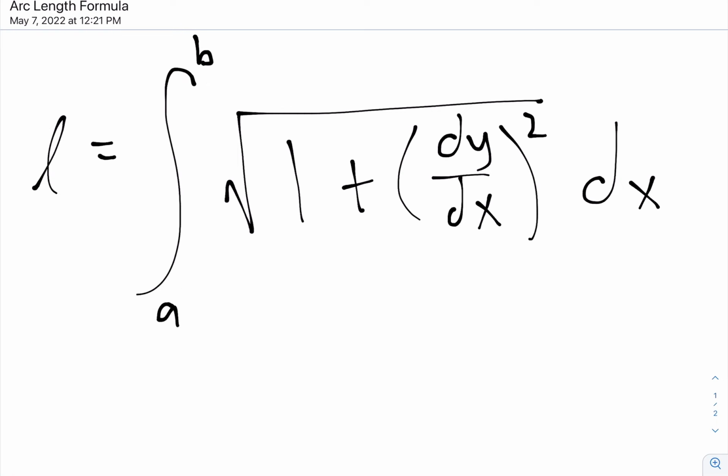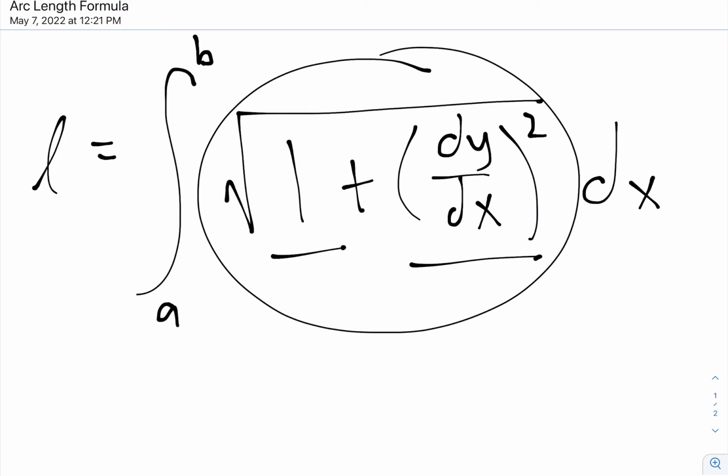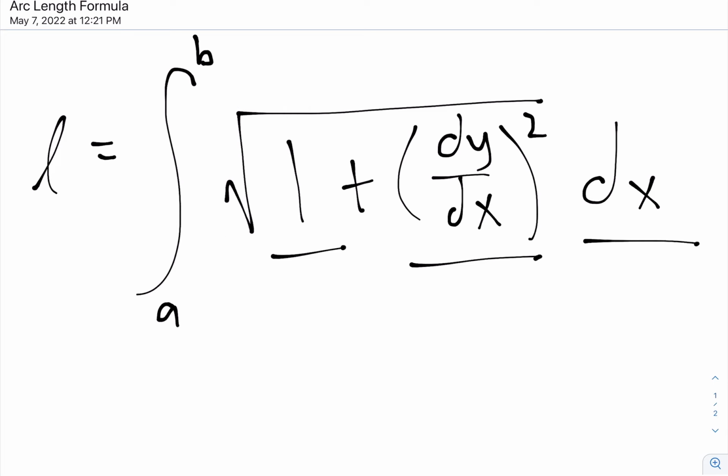That's going to be the integral from A to B of the square root of 1, just a constant, plus the derivative of the function y with respect to x, squared. So we're taking the derivative, we're squaring it, and then remember we're square rooting that entire inside, and then we add this dx on here, just saying it's with respect to x.